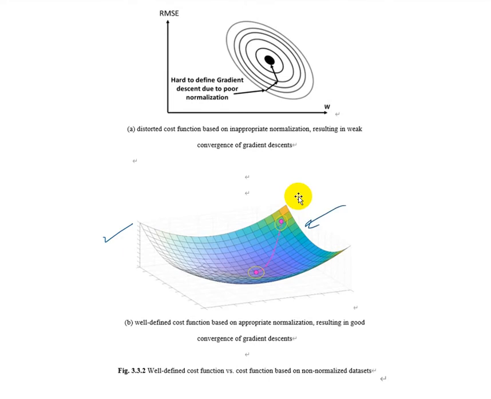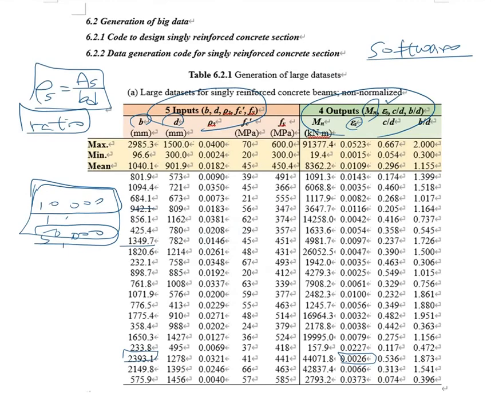However, the input data sets and targets shown here and here are not appropriately normalized right now, so we have distorted cost functions.